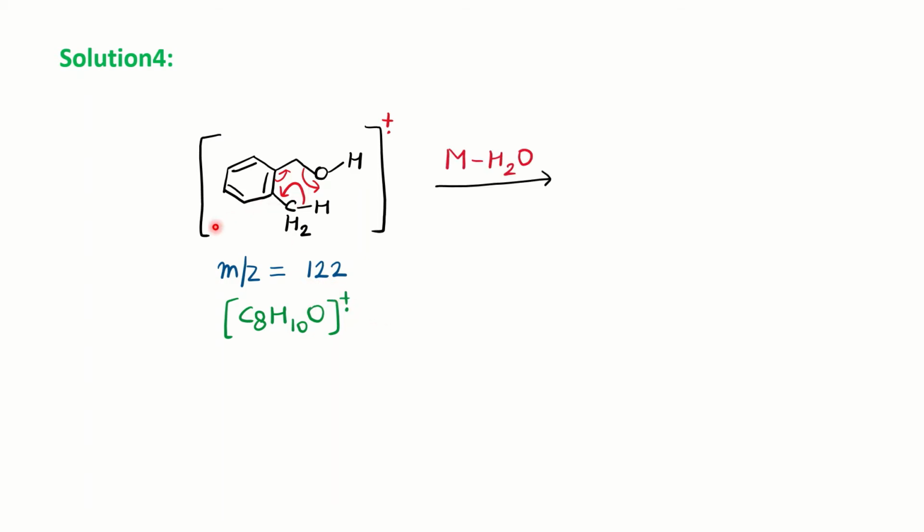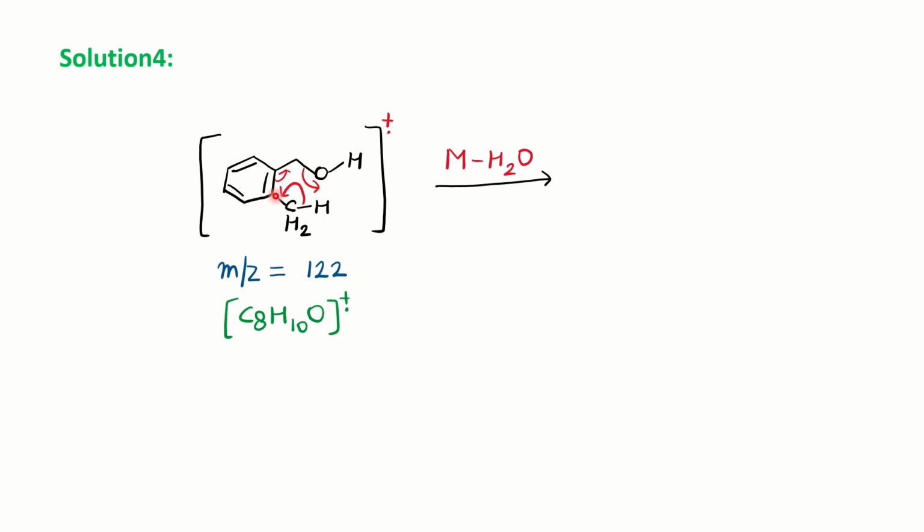It is aromatic, so the molecular ion will be strong. And we are going to show the loss of water, dehydration, since the ortho substituted group is bearing the hydrogen. So we can show the loss of water as a neutral molecule. For the safer side, we put the radical cation outside the bracket so that we can show the mechanism easily.